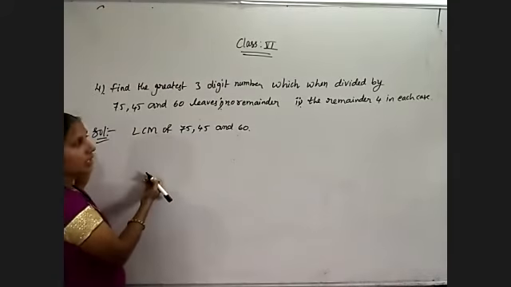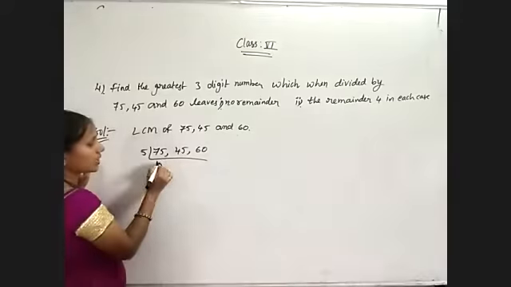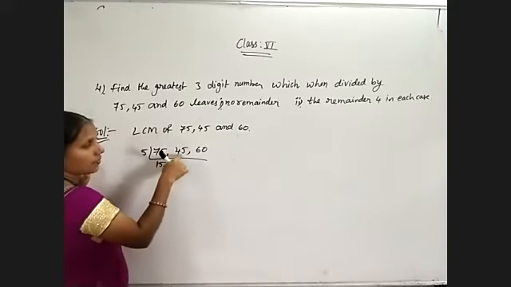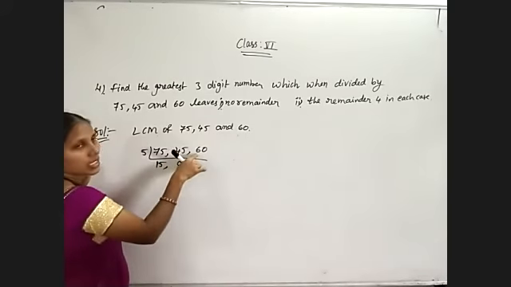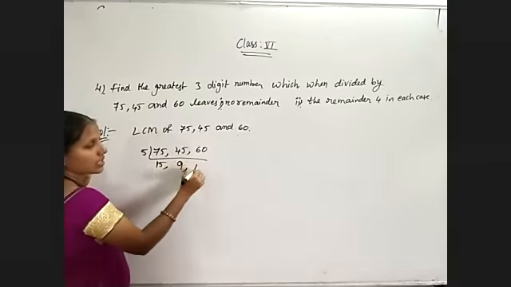Now I am using the division method, 75, 45, 60. As they all have 5 or 0 in their units place, every number is divisible by 5. 5 fives are 25, 5 nines are 45, 5 twos are 10. So 15, 9, 12.